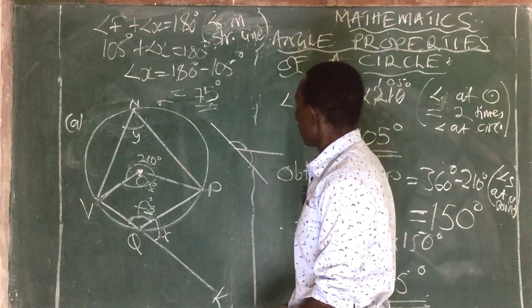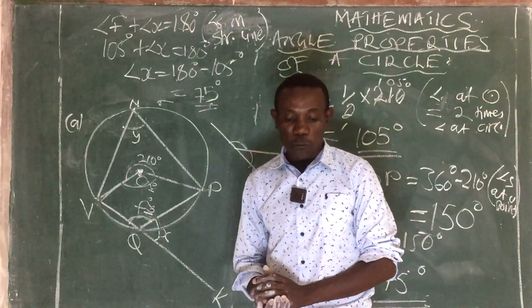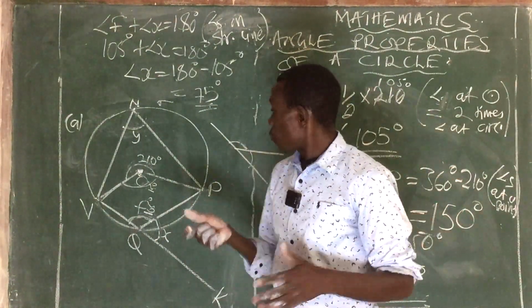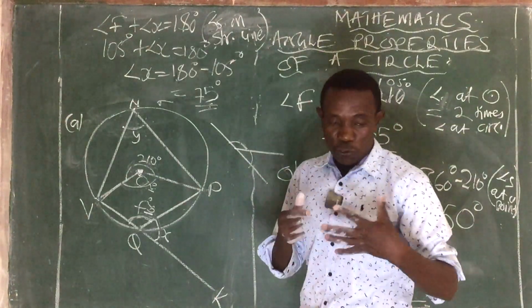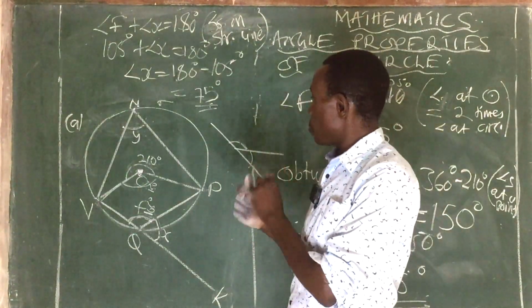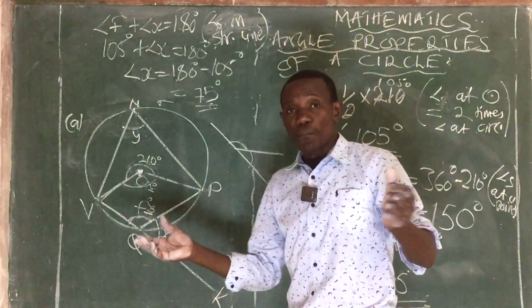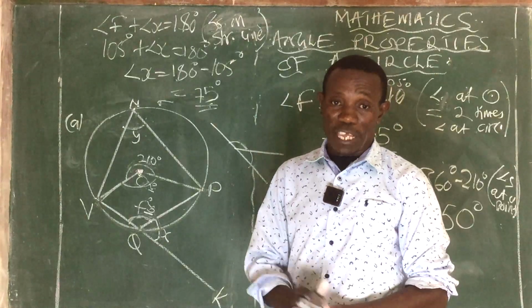Right. So by this you can see how we are using the properties of the circle to solve the problem. You first of all need to get to know what it means, measure them out. You have understood this is true. Then come to the problem, apply what you have learned.